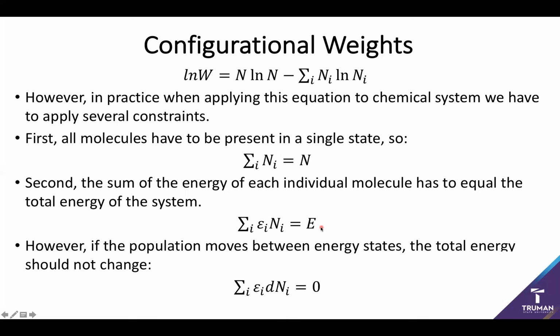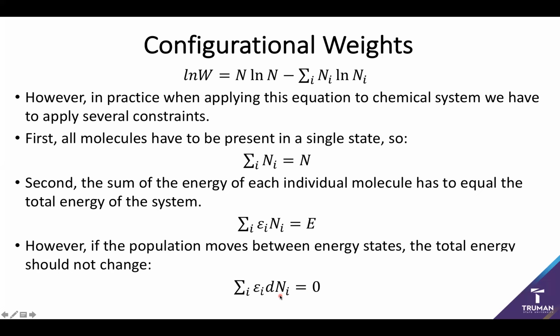And furthermore, we also are going to approximate that the total energy shouldn't change upon any movements of the system. So if I change the number of particles in any given state, the sum of these changes should be zero, but also the sum of the energy times these changes should also end up being zero.